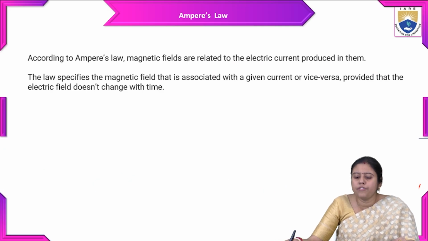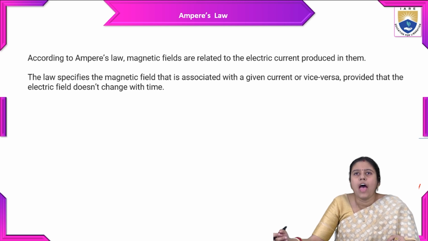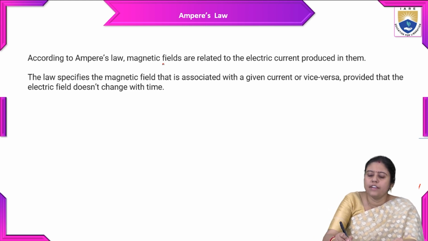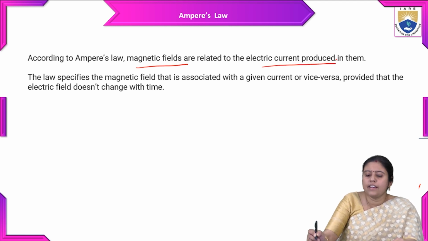Now, what is Ampere's law? According to Ampere's law, magnetic fields are related to the electric current produced in them. So, whenever there is a flow of electric current in a ferromagnetic material, it will turn into a magnet, and magnetic fields are related to the electric current.